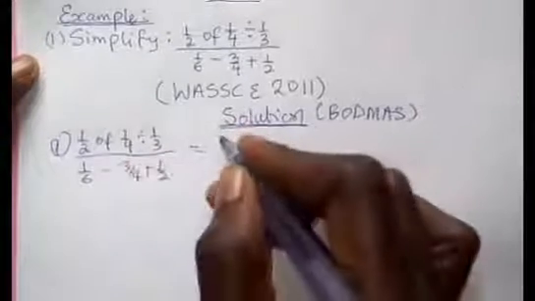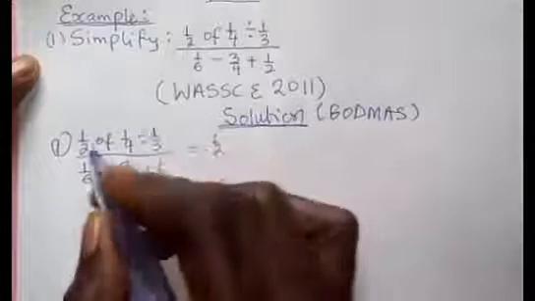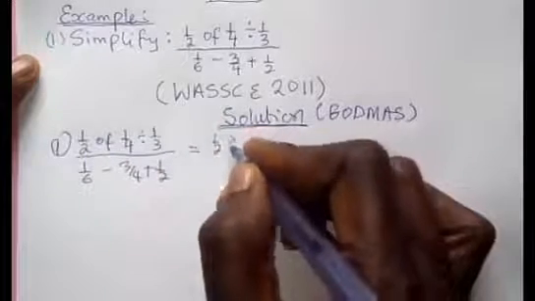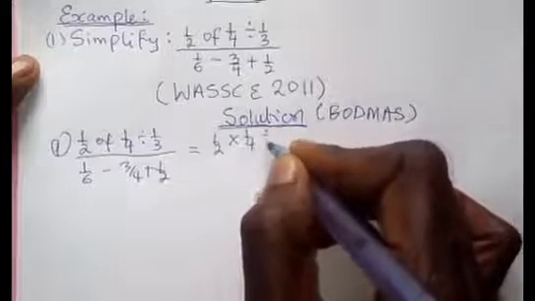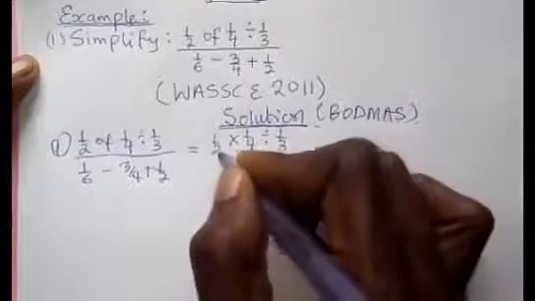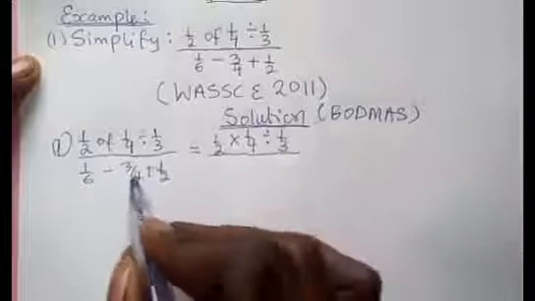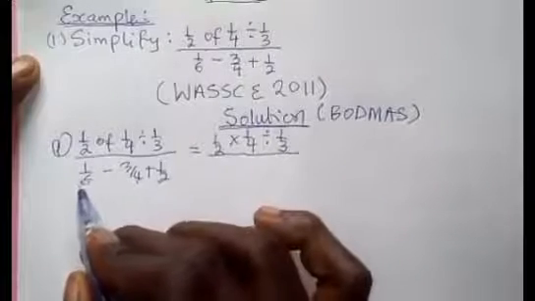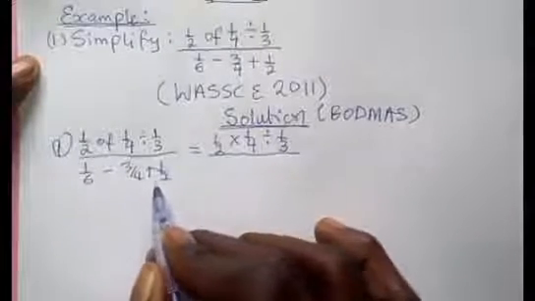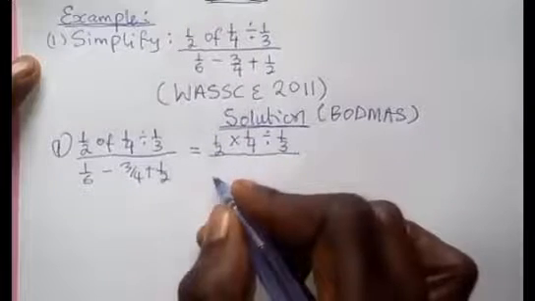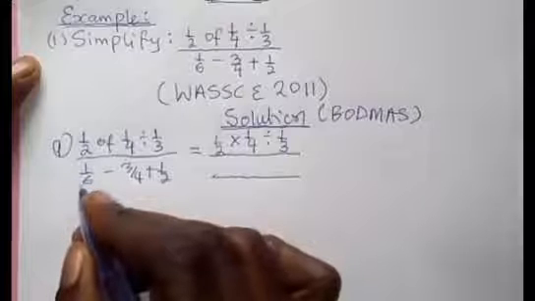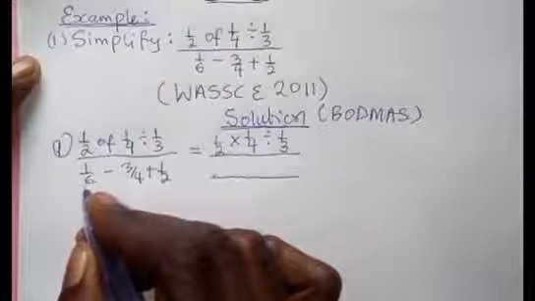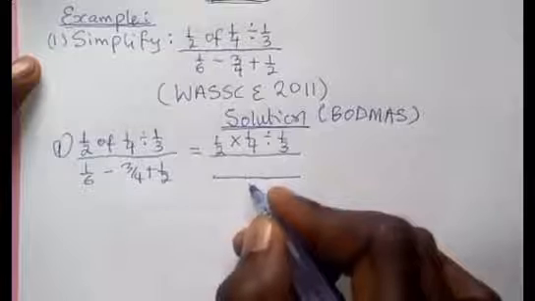So we are going to simplify these two terms first. We write here a half, then the of means multiplication, then we write our 1 upon 4, then divide by 1 upon 3, then all upon. At the denominator here we are going to take the LCM of 6, 4, and 2. So we draw this line, and we take the LCM of 6, 4, and 2, and that will give us 12.